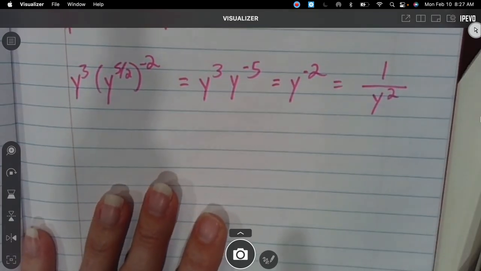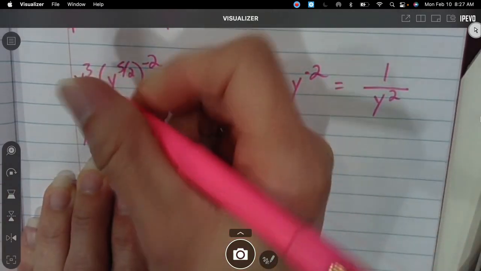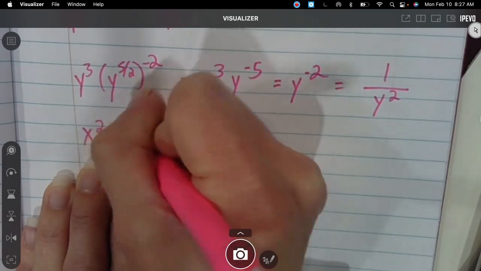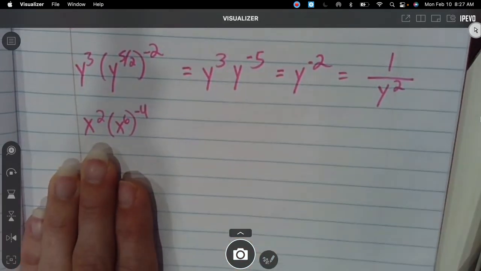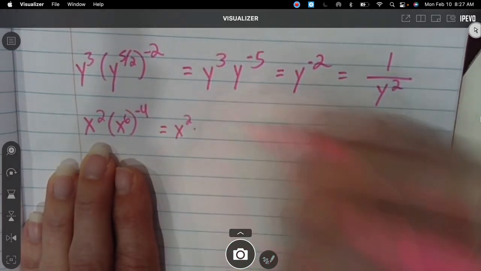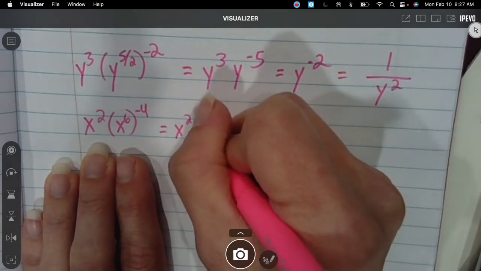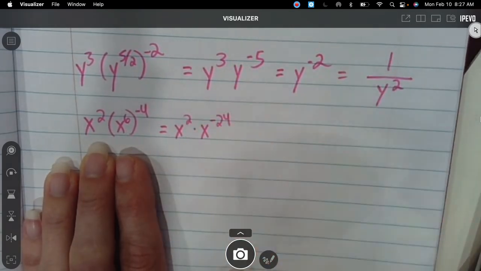Let's do a few more of these. x squared times x to the 6 to the -4. So you do not multiply all those by -4. What number is going to be multiplied by -4? Just the 6. So let me write my x squared down. And then what is 6 times -4? -24.